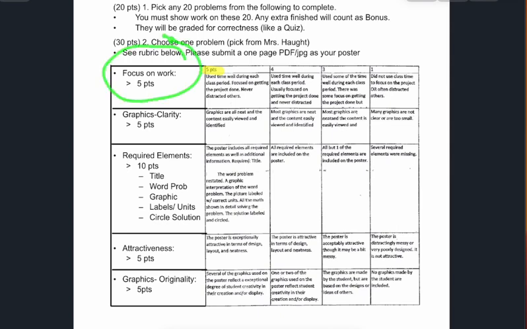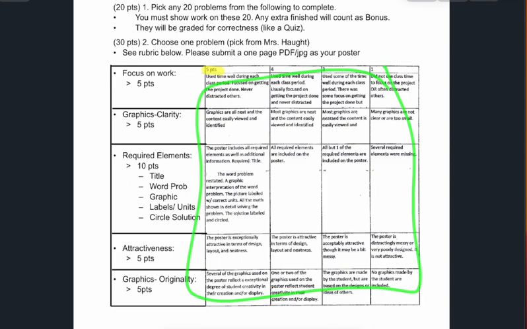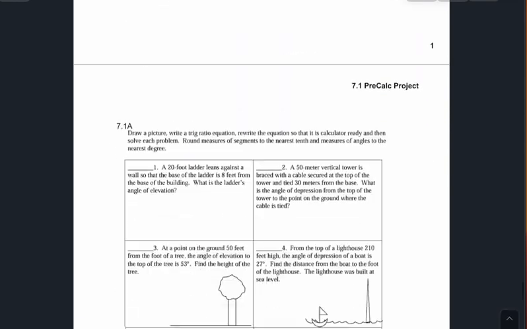Was it turned in? Were you using your time wisely? 5 points, did you take the time to make your graphics clear and concise? The required elements are listed here. That's 10 points. Attractiveness, did you take the time to do it? And originality, okay? And you can read the rubric right here, but it's worth 30 points.